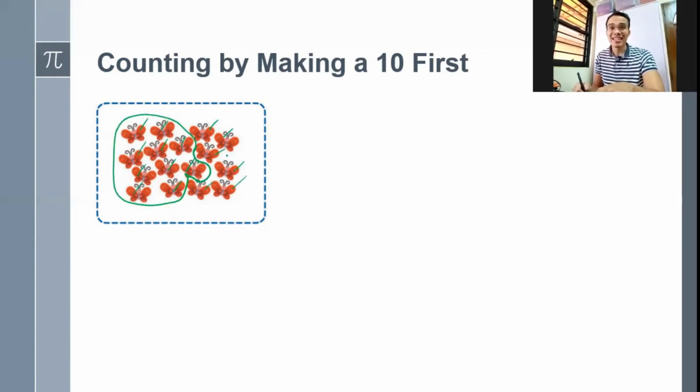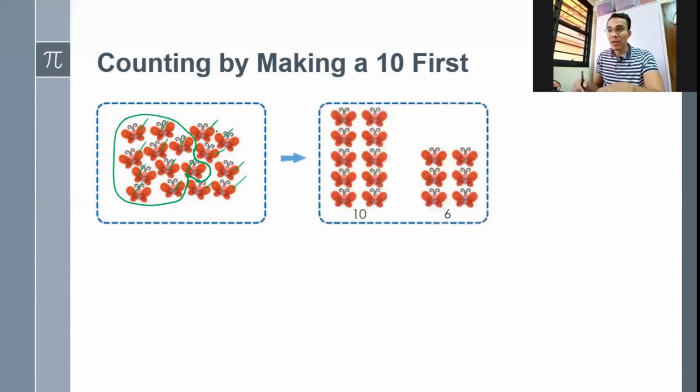There are 16 butterflies. By the way, we can rearrange these butterflies in this manner. Sad to say, you cannot do this in your book because the butterflies are not movable. Okay? But I'm just doing this in order to emphasize that in number 16, there is 10 and there is 6.